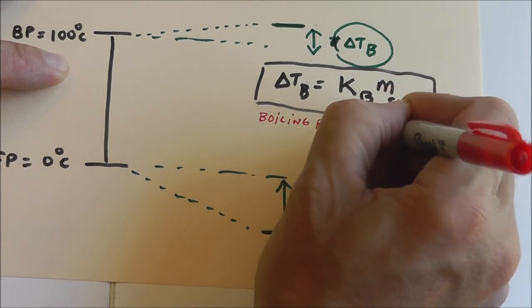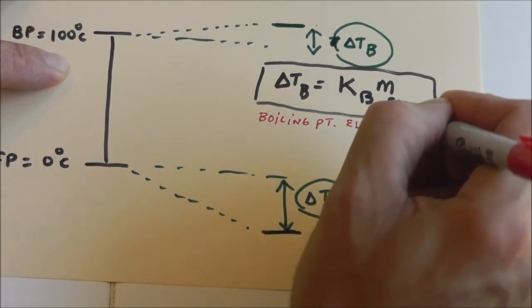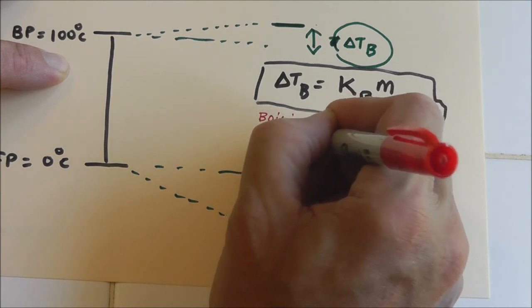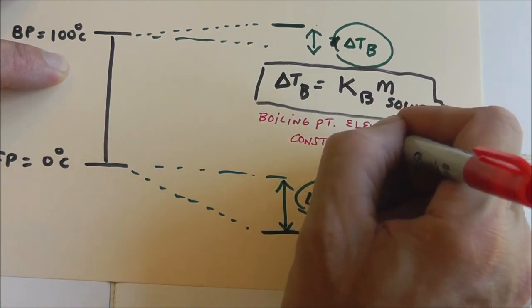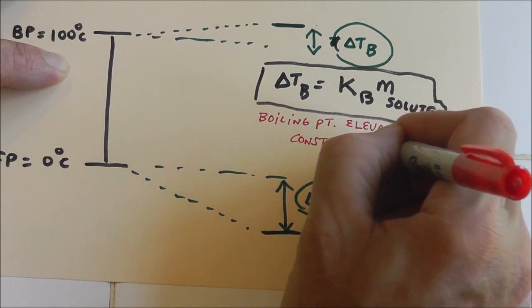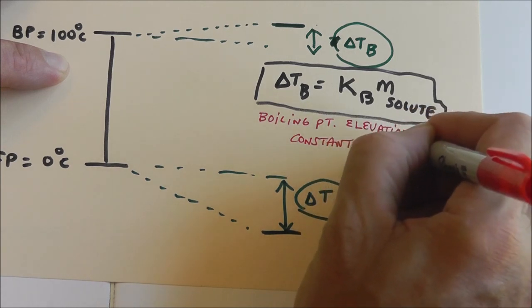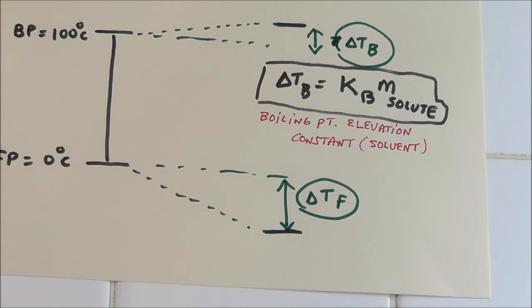And by the way, kind of an interesting little thing, this is for the solvent. So if you're going to dissolve something in water, you're going to look up the KB of water.